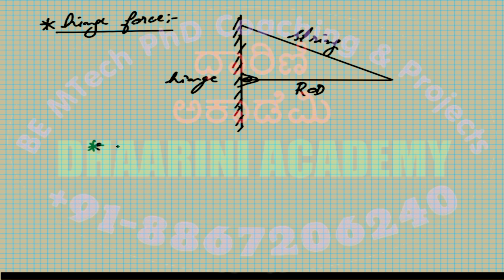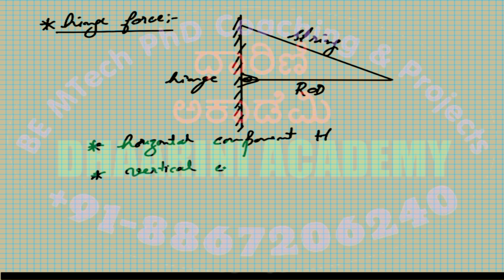So you can have hinge force found by using a horizontal component, right, that is denoted H, and you can also find out what is called a vertical component V. Okay, you can have a horizontal and the vertical components present to it.